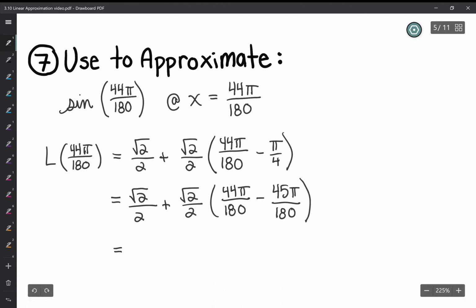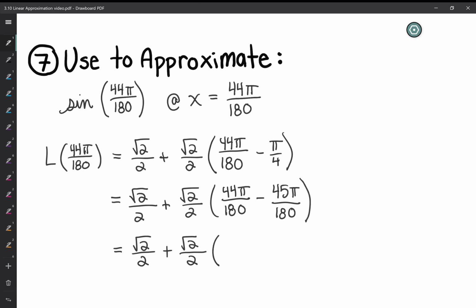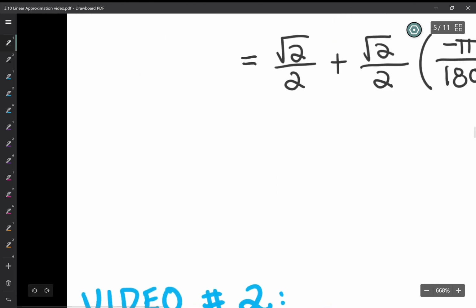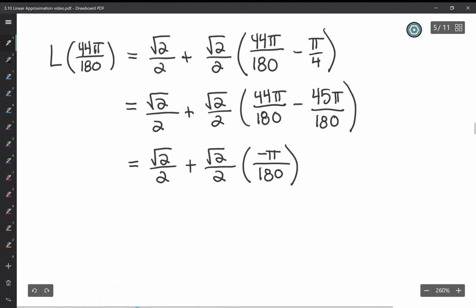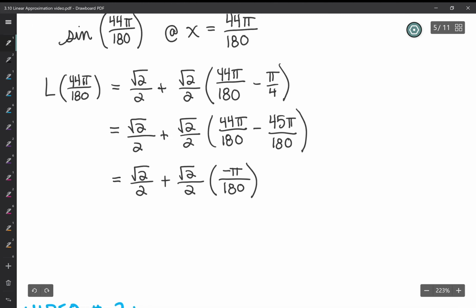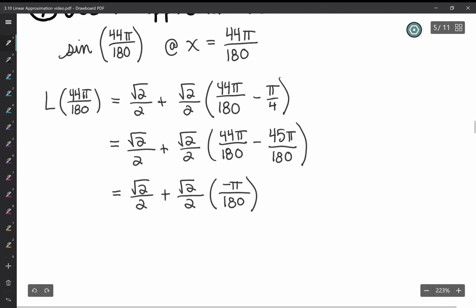So this is equal to the square root of 2 over 2 plus the square root of 2 over 2 times 44 pi over 180 minus 45 pi over 180, which gives us negative pi over 180. Which is actually simplified enough for our needs.